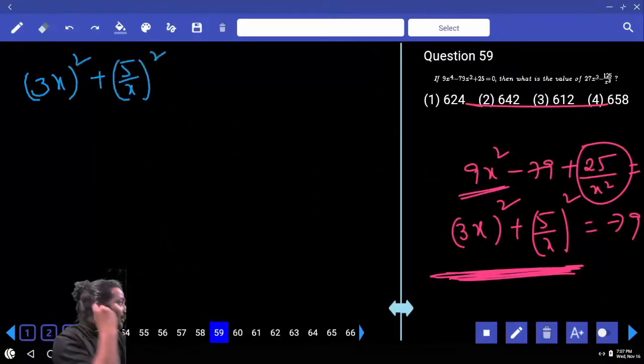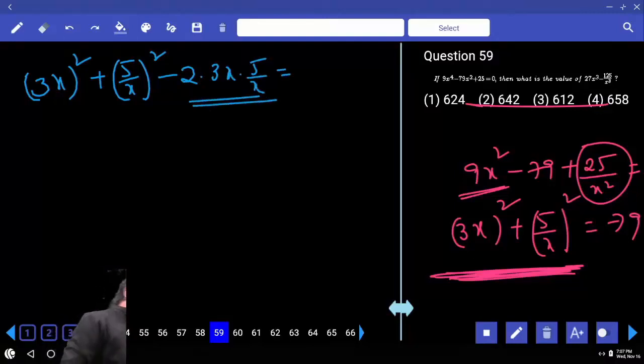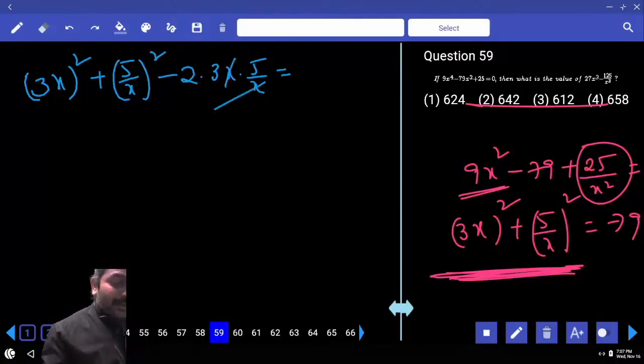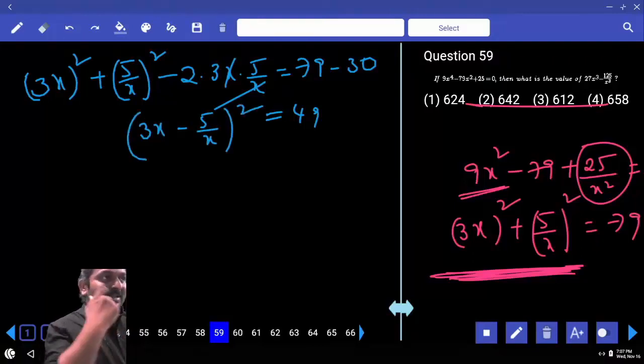To convert into a square plus b square from a minus b whole square, what is it that you need to add? Minus 2 times 3x into 5 by x. The same we should even add on the right hand side also. x gets cancelled. How much is that? 3 into 2 into 5? 30. Already we have 79 minus 30. What is that? 49. Left hand side 3x minus 5 by x whole square is equal to 49.